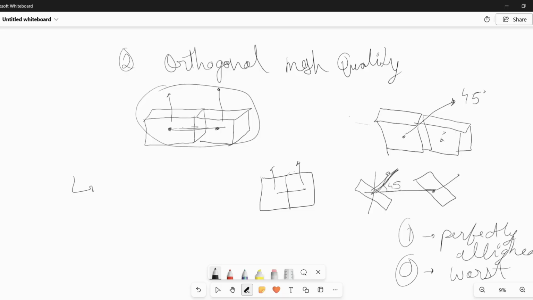So again, for normal metrics, above 0.2 is minimum. If you get less than 0.2, you go with a better mesh, and if it is greater than 0.7, it is a good mesh. Orthogonally it's good. So hopefully you understood these two.